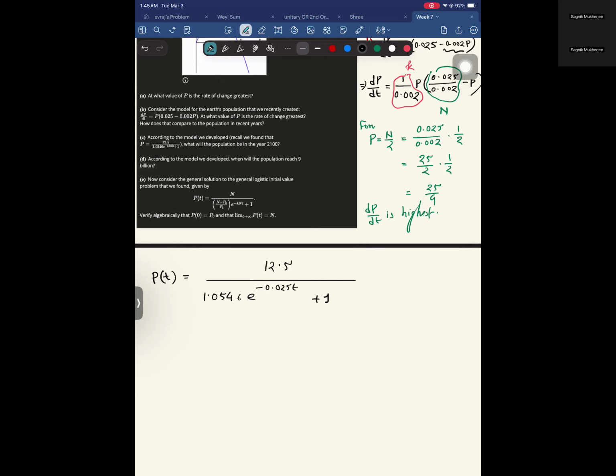By the way, remember, what was our initial time? I think I should be more precise here. If you go to activity 7.6.3, recall that our initial time t0 was 2000.